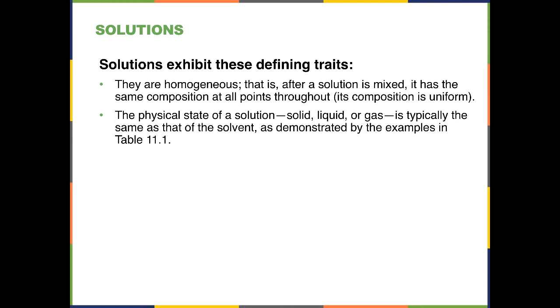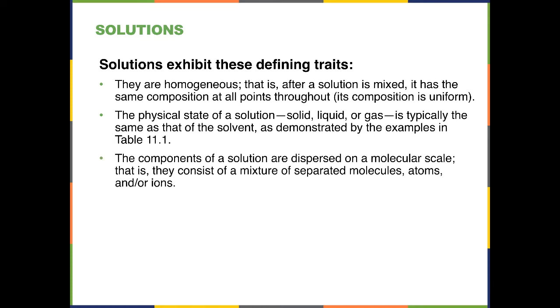If the solvent is a liquid, then the solution will be a liquid, etc. The components of the solution are dispersed in a molecular state. That means that they're broken apart into individual molecules, atoms, and/or ions, depending on the type of solute that's involved.